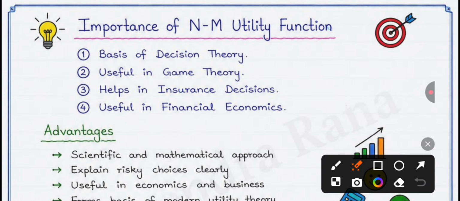It helps explain how people make choices when outcomes are uncertain and involve risk. For example, before investing money, a person compares different possibilities and chooses the option that provides the highest expected satisfaction.